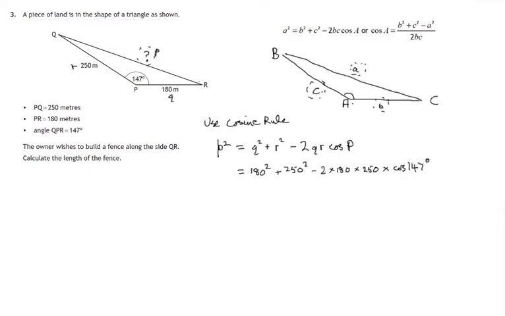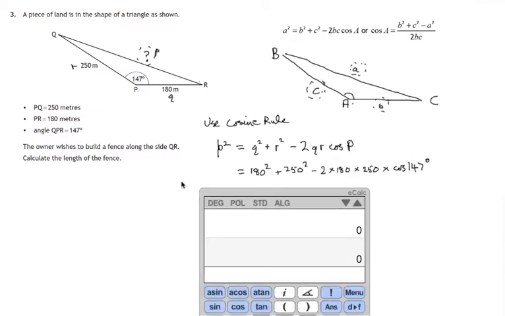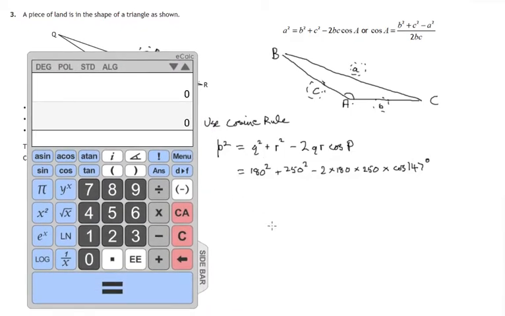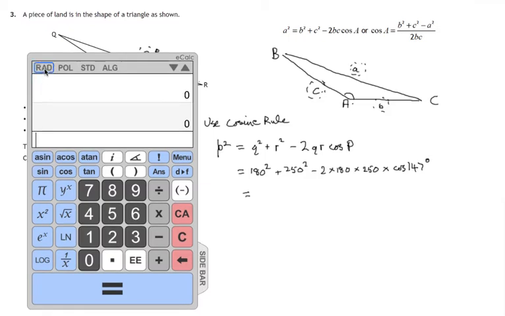Now we're in the second paper, so we can use the calculator to do this calculation. Now be very careful that you're in degrees and not rad or grad. Deg must be visible, or a D, to show that you're in the right measurement for the angles.